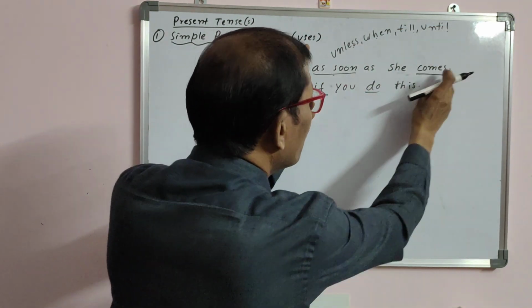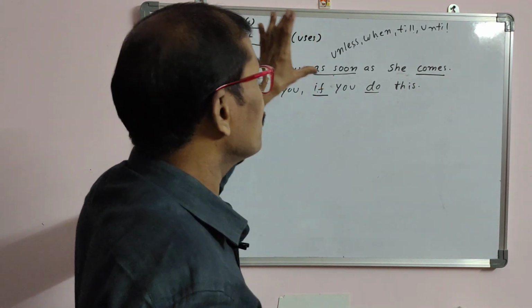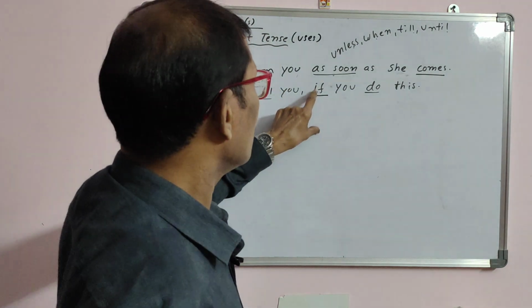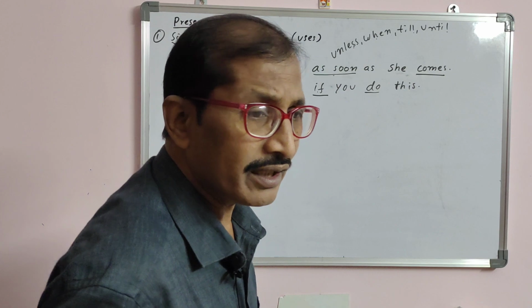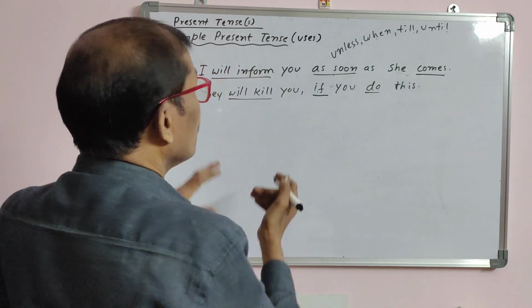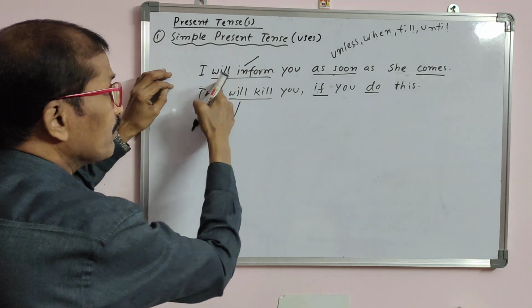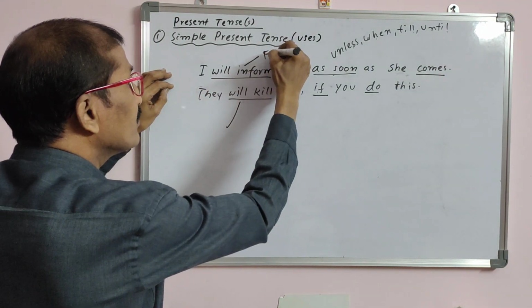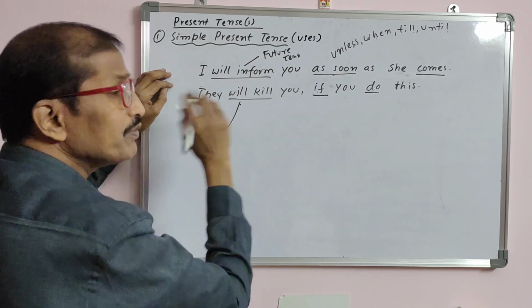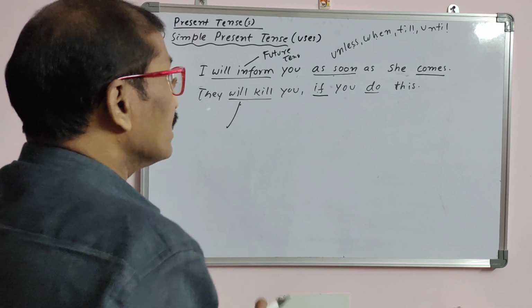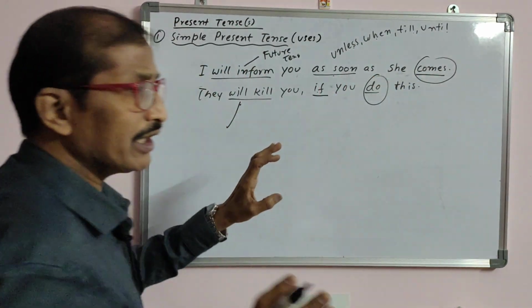This is called a subordinate clause. If a subordinate clause begins with any of these, if, as soon as, unless, when, till, until, and the main clause verb is in simple future tense, then it is a must to use simple present tense in the subordinate clause.